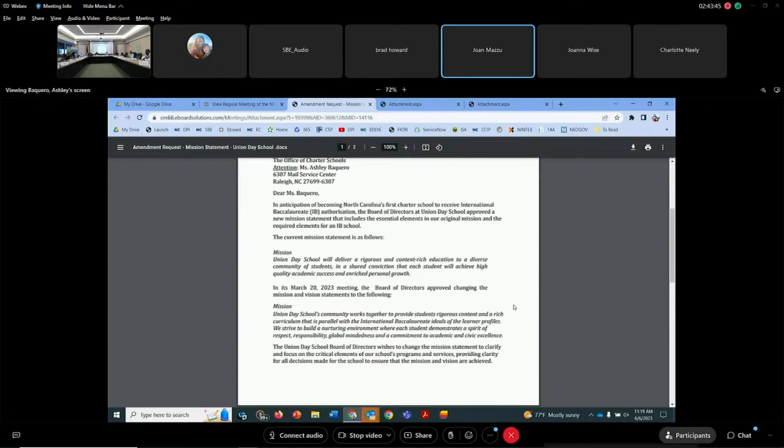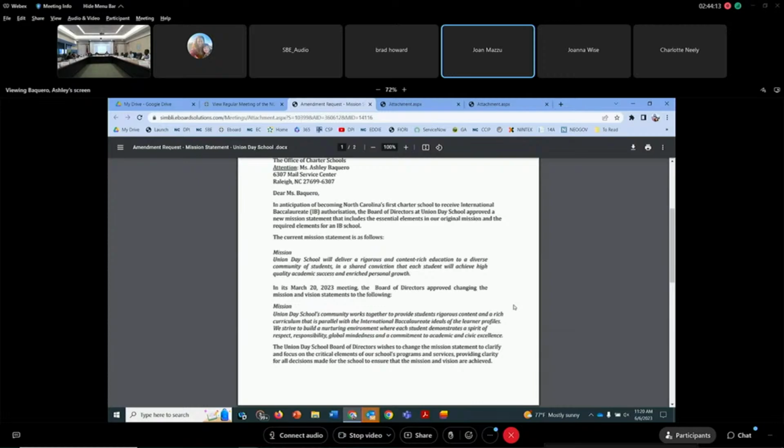Since we have just gotten the MYP authorization, we have now started to work on the DP authorization. Since we were the first charter school in North Carolina to go through this process, it was a lot more challenging than we anticipated. They kept wanting us to change policies and procedures to match IB, but then that wouldn't match what we needed to do for the state.